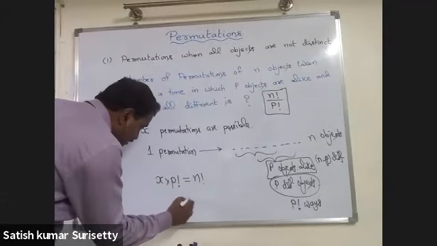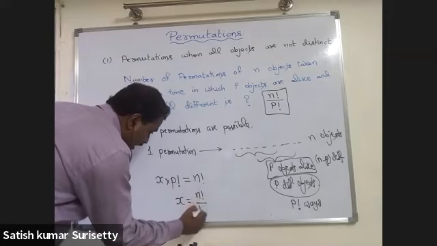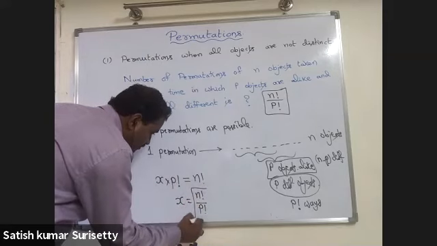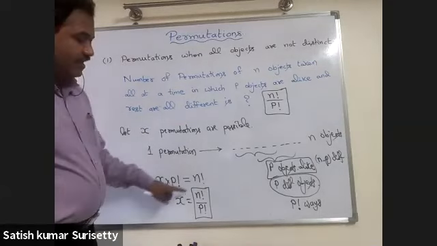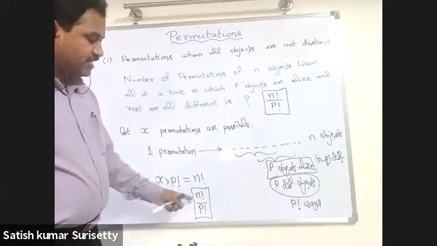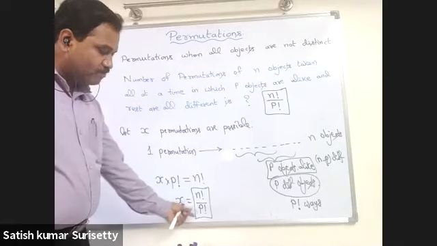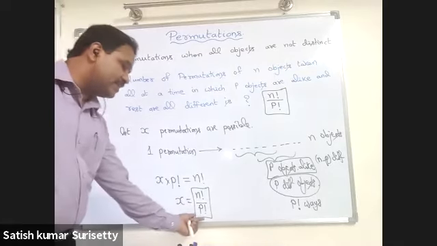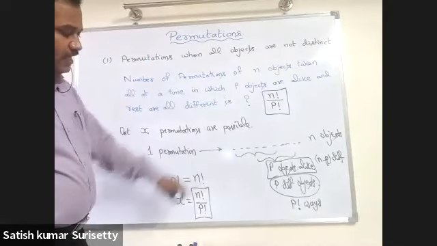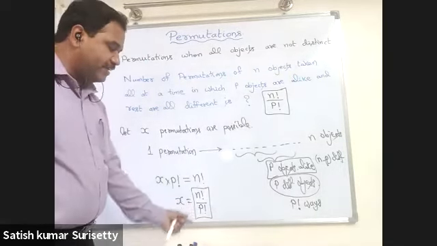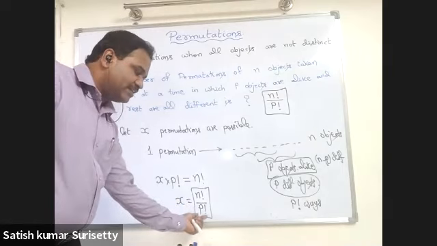Hence x equals n factorial upon p factorial. Whenever you have n objects in which p objects are alike, whatever number are the same will come in the denominator as a factorial. So total objects factorial upon how many are repeated will come in the denominator.